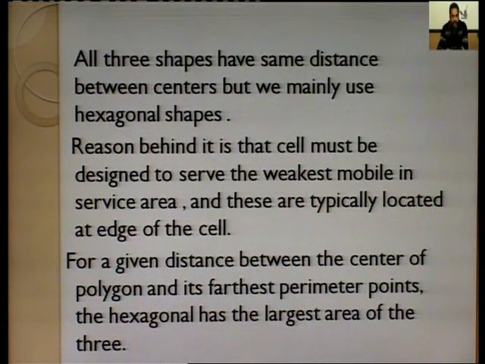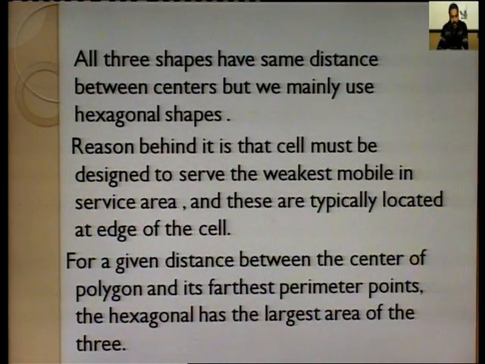The reason behind this is that the cell must be designed to serve the weakest mobile in the service area. The weakest mobile means the mobile which is far away from the center, at the maximum distance from the center, typically located at the edge of the cell.